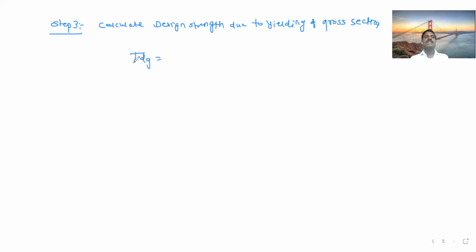So the design strength due to yielding of cross section is AG into Fy divided by gamma m naught. So what is AG? AG is the gross area of the plate.